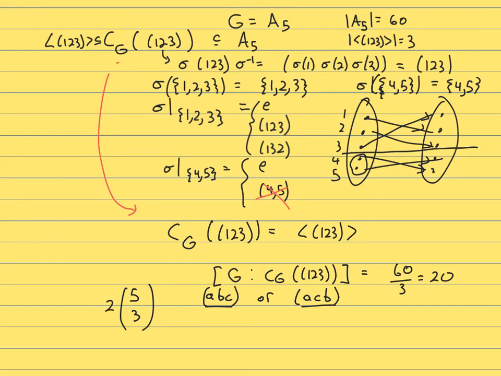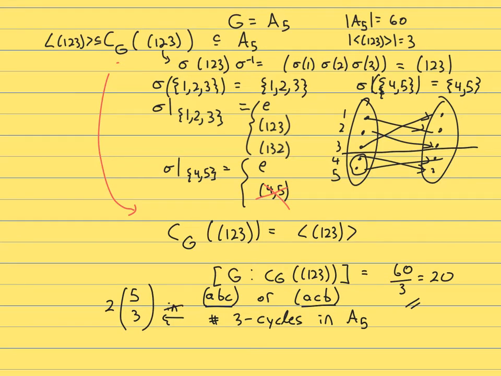So you have 2 times 5 choose 3 many 3 cycles in A5. And you can check that that is the same number. So in fact, every 3 cycle is in this conjugacy class.